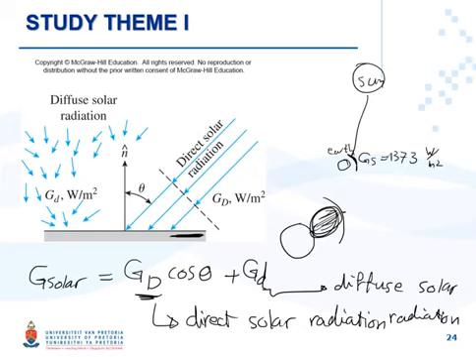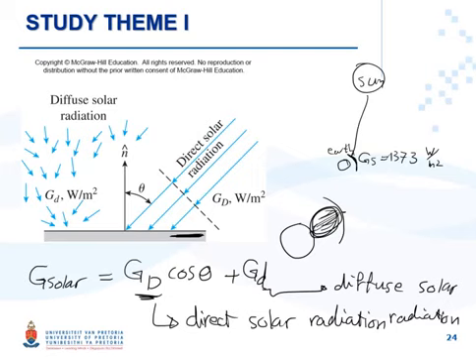Diffuse solar radiation is a proportion of the total solar radiation that varies based on the weather. On a clear day it's around 10% and can be neglected, but on a cloudy day it's around 100% of the total solar radiation. So it depends on the weather. We can't say anything about it; for different weathers we need to calculate it.